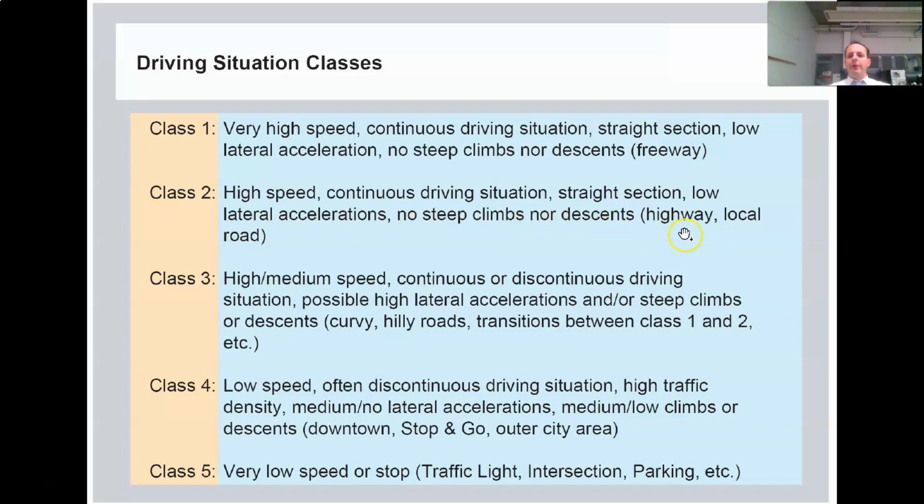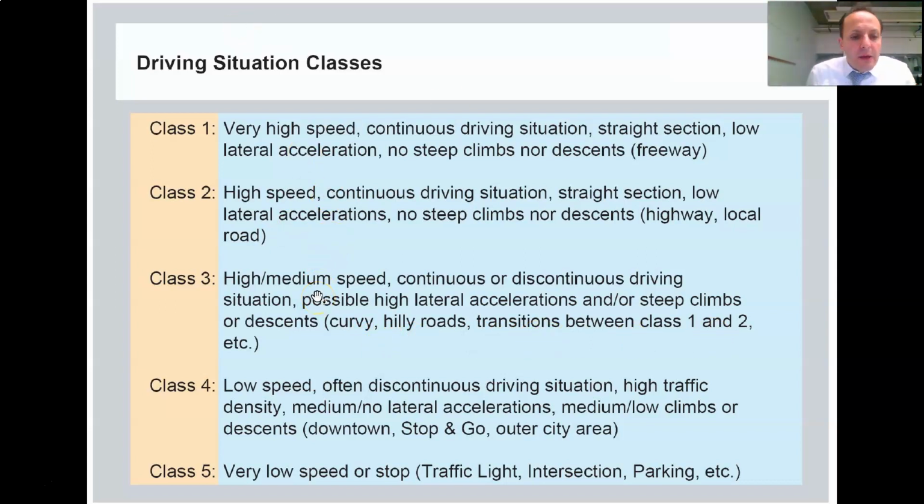So, for example, highway or local road. Class 3 is represented by high medium speed, continuous or discontinuous driving situation, possible high lateral acceleration and/or steep climbs or descents. For example, curvy hilly roads, transition between class 1 and 2.